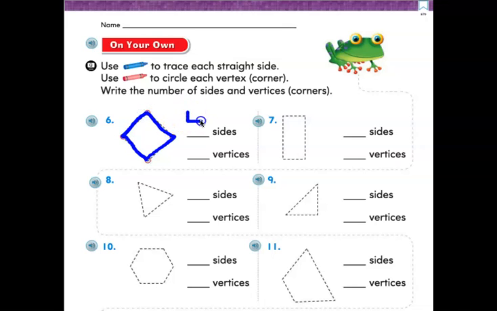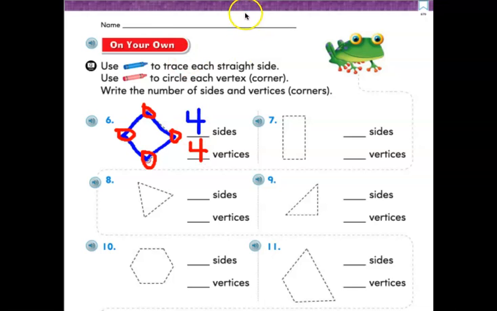So we have 4 sides. Okay, and now I'm going to circle with red or pink the corners. So there's 1, 2, 3, 4. So there are 4 vertices. Okay, and that is a square. It is turned to where it looks like a diamond, but it is a square.